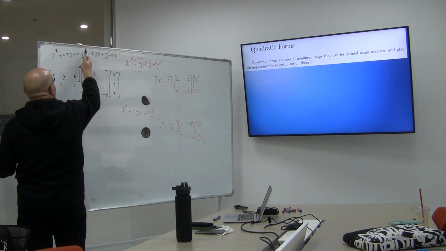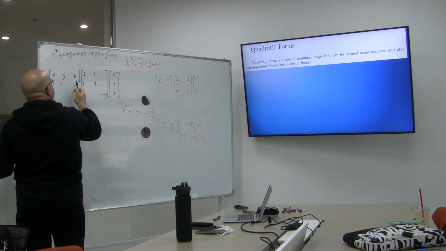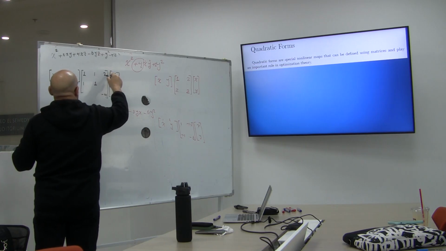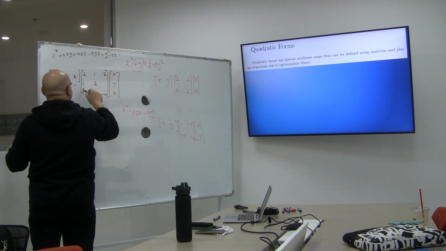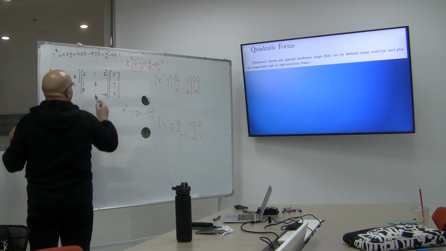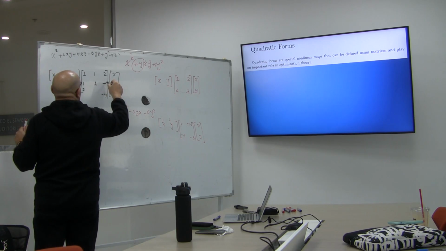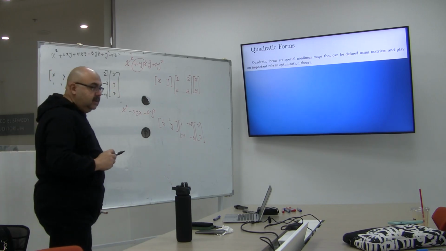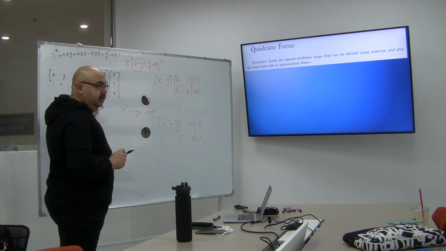Now I will go for xz, which is 1,3. I will divide this number, half of it in 1,3 and half of it in 3,1. Then yz: negative 3 in 2,3 and negative 3 in 3,2. This is how to get your matrix.